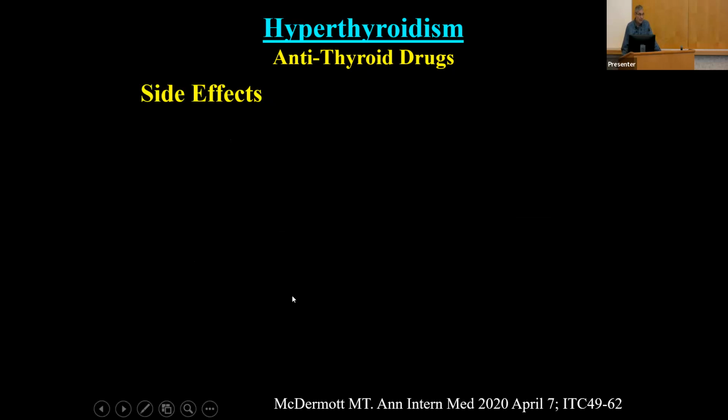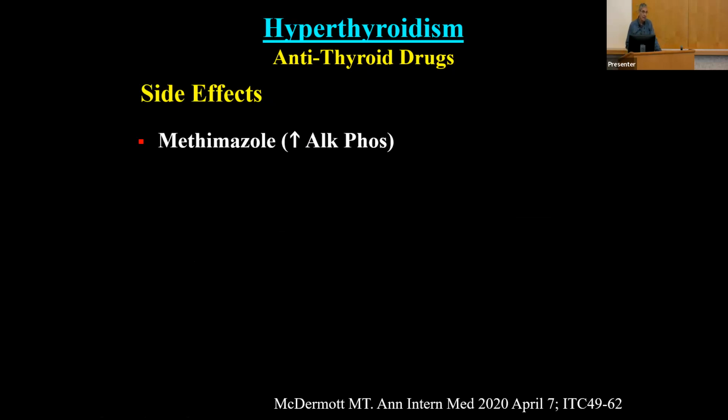So what sort of side effects might we tell people about or look for? Liver function tests can increase. Methimazole can increase the alkaline phosphatase. And this is problematic in some people because Graves' disease raises the alkaline phosphatase. Most people who have hyperthyroidism already have an elevated alkaline phosphatase, but it's usually bone alkaline phosphatase.